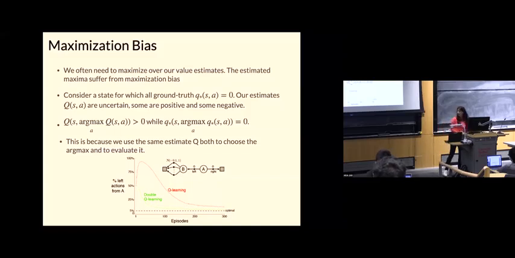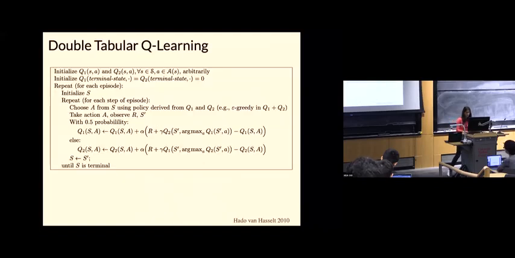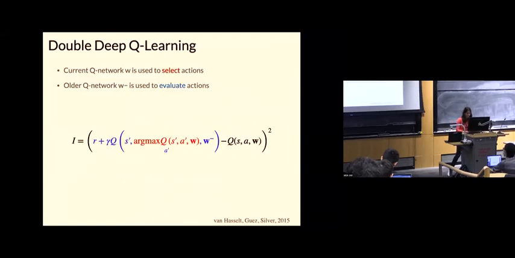And we discussed the problem with taking the argmax under an estimated Q, and then evaluating that argmax under the same Q. And we talked about the maximization bias. So the same maximization bias holds here in deep Q learning, all right?